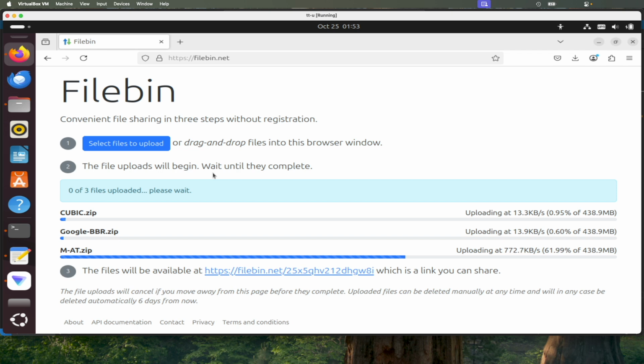Now the rate, as we can see, for Google BBR and Cubic is around 13.9 or 13.3. Now Google BBR reduced to 9.4 kbyte per second, and Google BBR is at 0.75%, while Cubic is at 1.08%, which is about 1%.